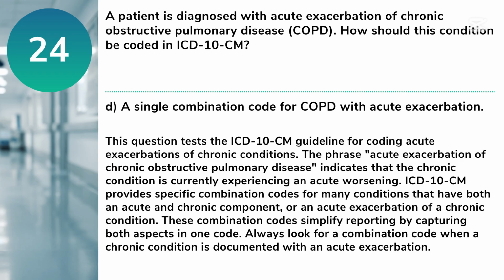ICD-10-CM provides specific combination codes for many conditions that have both an acute and chronic component, or an acute exacerbation of a chronic condition. These combination codes simplify reporting by capturing both aspects in one code. Always look for a combination code when a chronic condition is documented with an acute exacerbation.